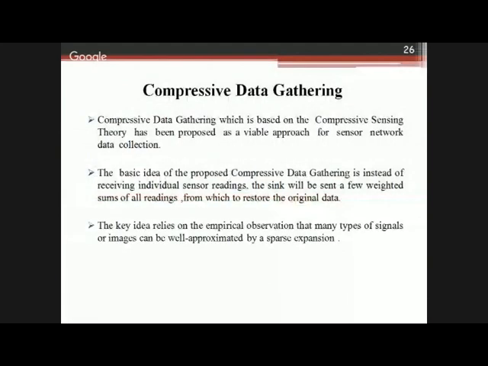so this is one small topic, that is compressive data gathering. I mean, recently the concepts of compressive sensing are being used in compressive data gathering. So this compressive data gathering, which is based on compressive sensing, has been proposed as a viable approach for sensor network data collection.